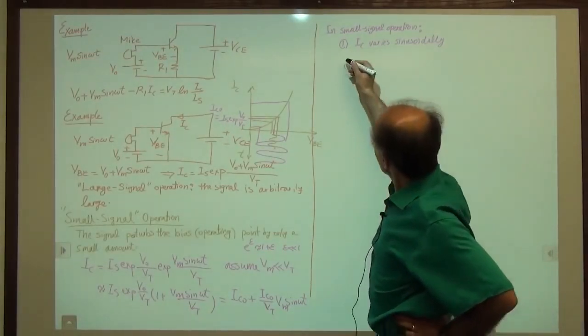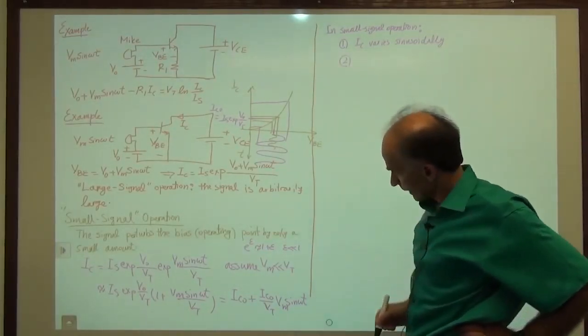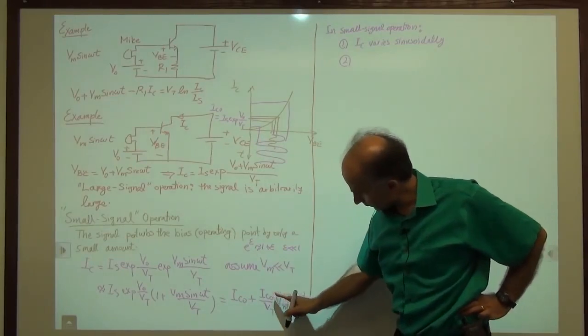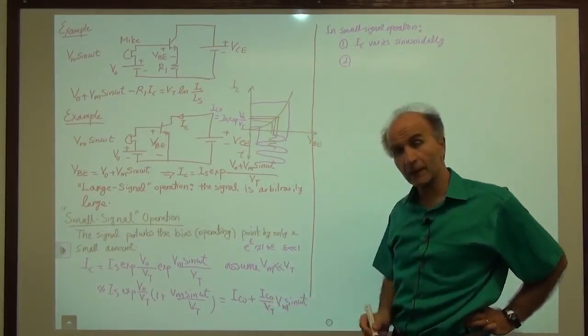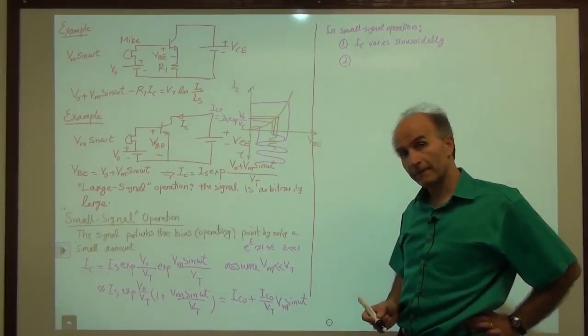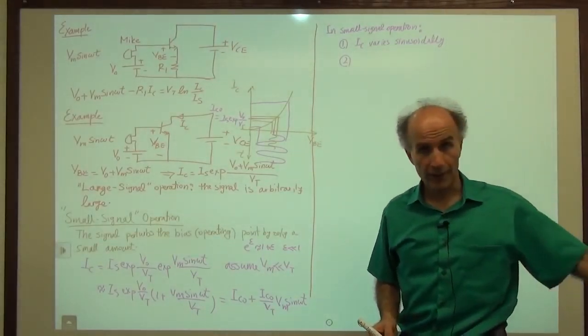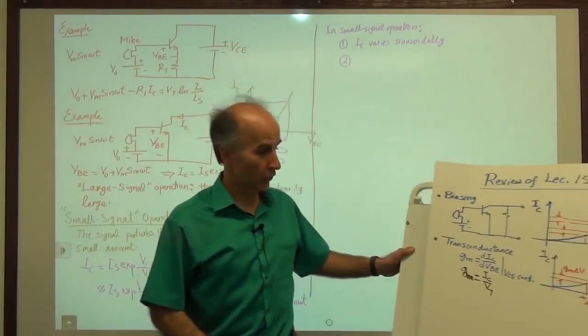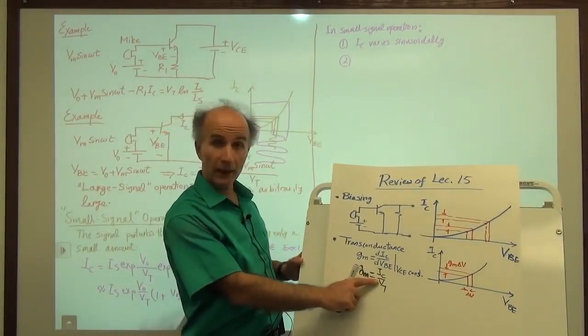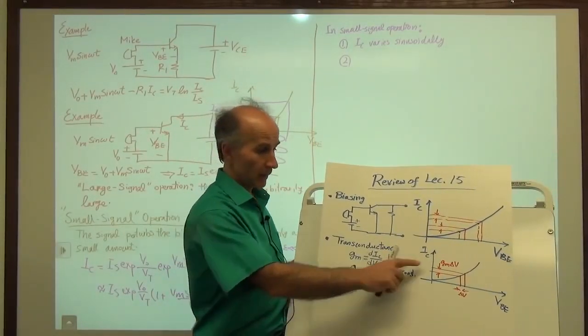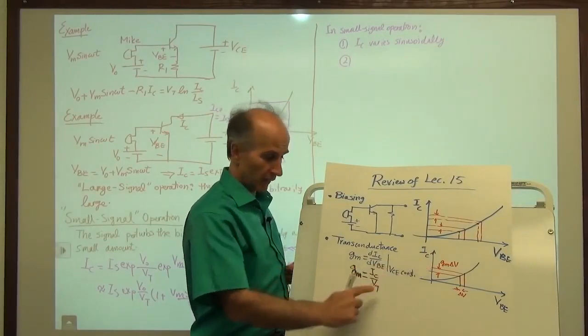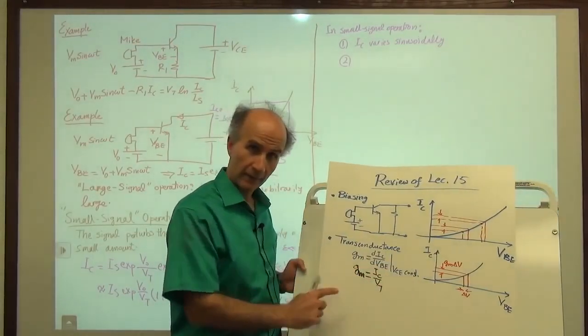Okay. The other point that we see is that this term, this factor here, IC0 over Vt, is a familiar quantity. What is that? That is the transconductance of the device. Remember, this is what we calculated last time. We said the collector current, the bias current, divided by Vt is the transconductance.